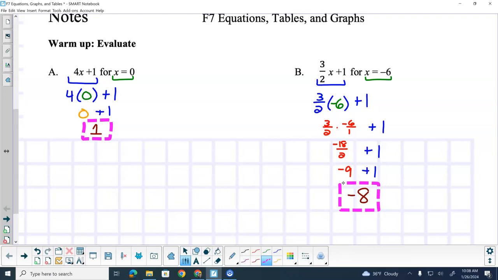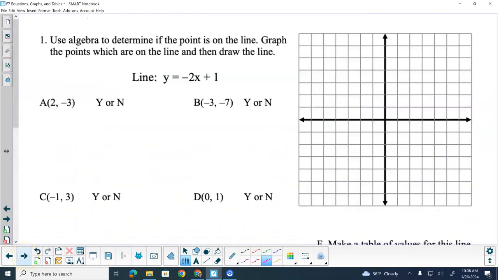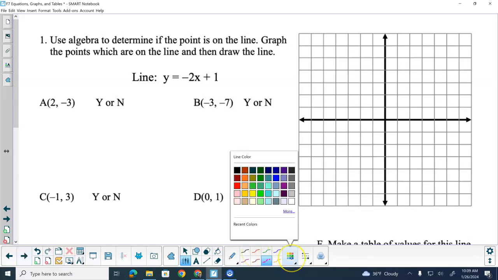Let's do the first example, kind of like what we did yesterday. Okay. So we don't have a line that's graphed, so we can't just plot our points and determine if that point is on the line because there's no line there to do that. So we have to algebraically show if this point is on the line or if it isn't on the line.